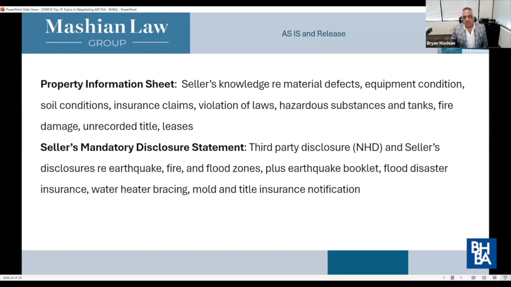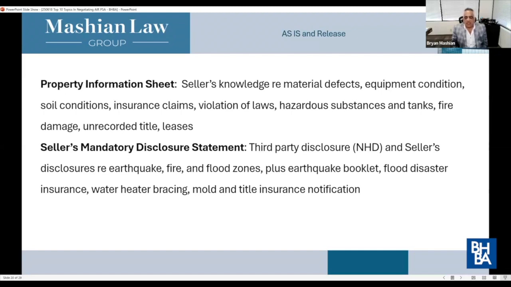And it requires the buyer be provided an earthquake booklet and be notified if there was flood disaster insurance, and water heater bracing has been done, if there's any mold, and there's a notification that's required to be given by law regarding title insurance. The seller's mandatory disclosure statement, as the name implies, is the seller's statutory duty.